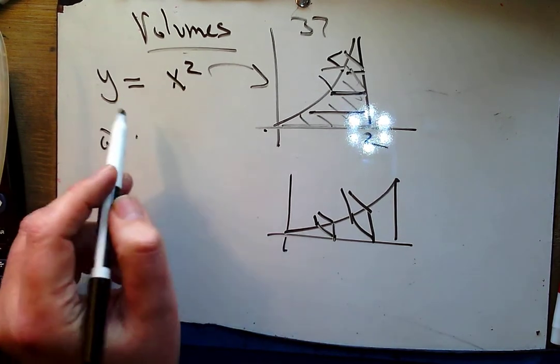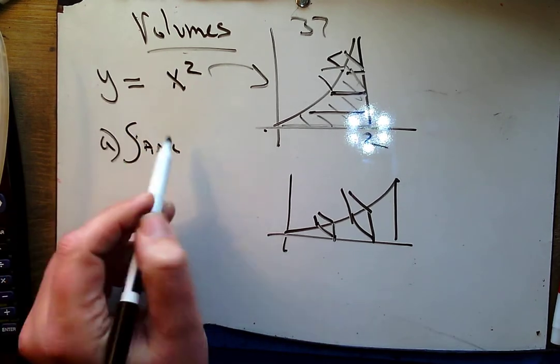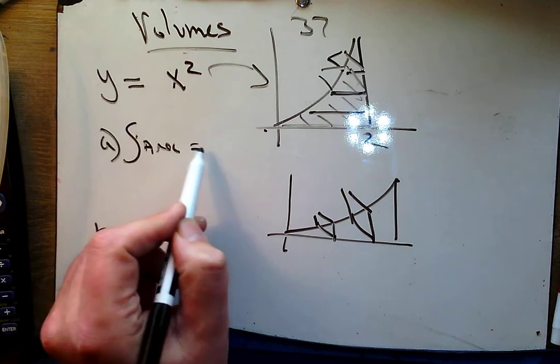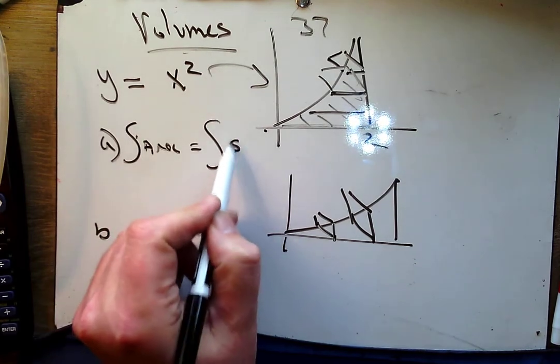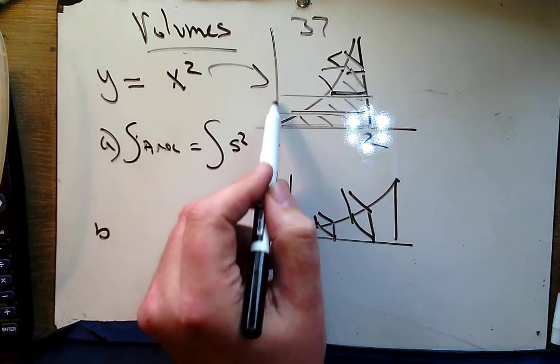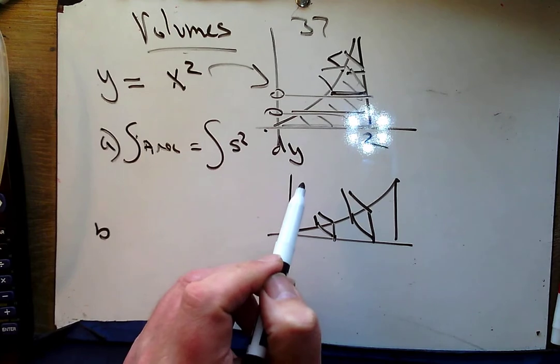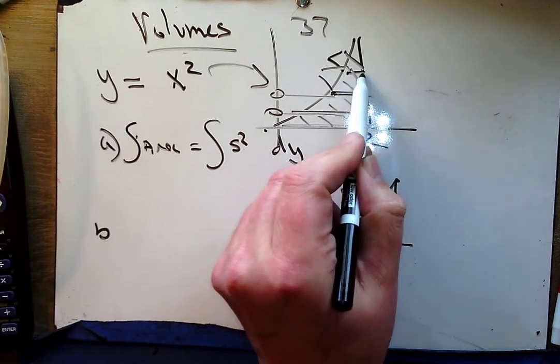All right, well, I know that I'm integrating area, and I know that area is side squared. And I know that these slices would be measured on the y-axis, so this is a dy integral. But what's that?